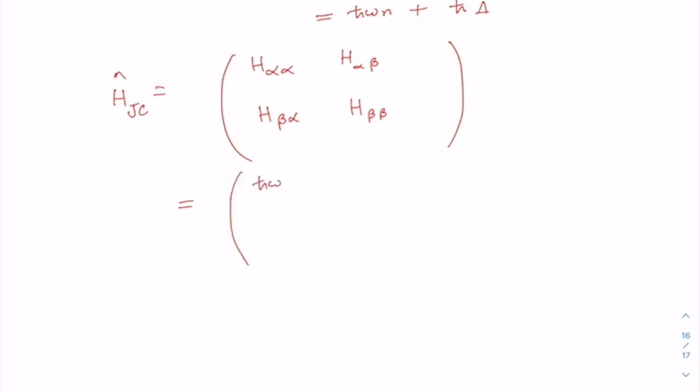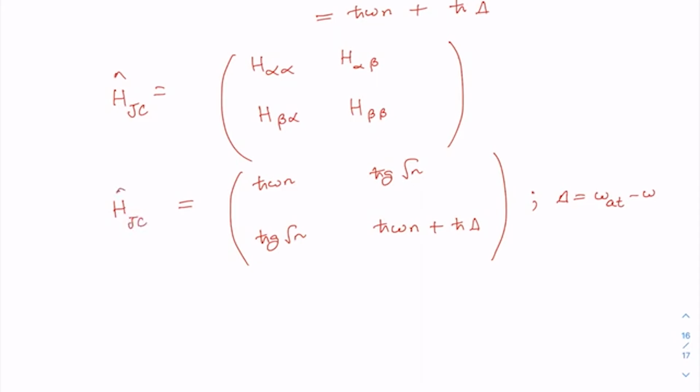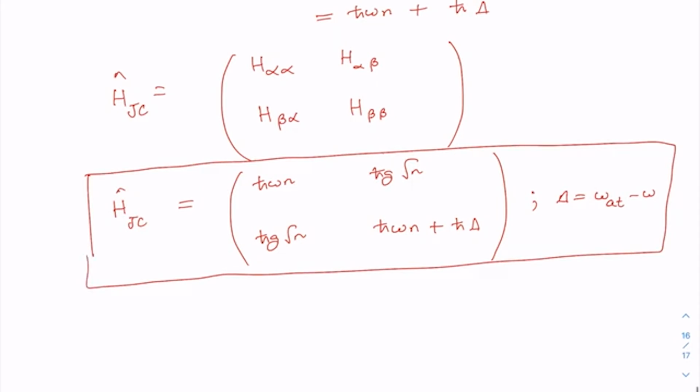That would be h cross omega n, h cross z root n, these are the coupling terms, and I have h cross omega n plus h cross delta, where delta is equal to omega atom minus omega. Now let us find out the eigenvalues of this Jaynes-Cummings Hamiltonian in the RWA. That can be done very easily.